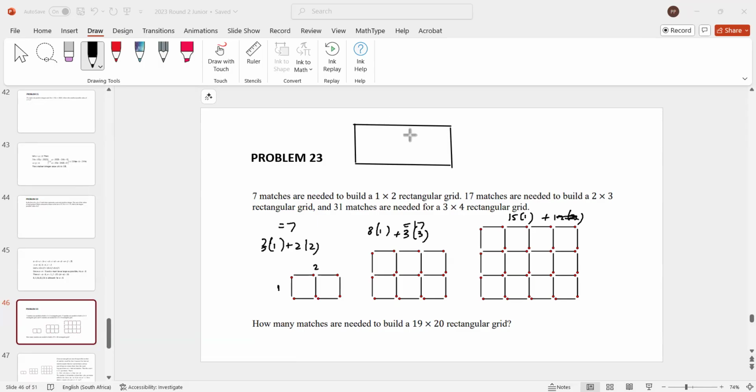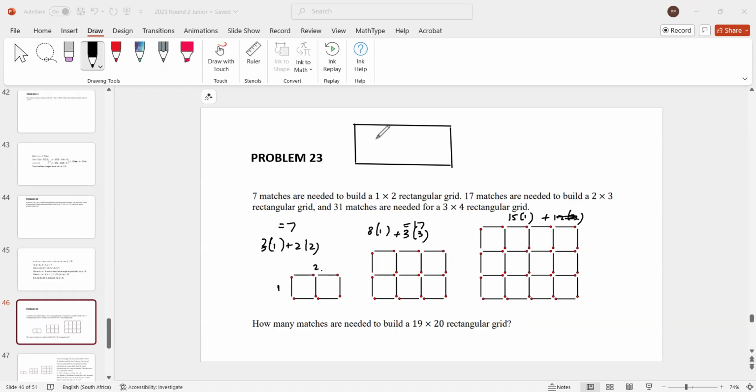So let's see now. You've got 20 squares here. See, when I had 2 squares, I had 2 horizontal ones. When I had 3 squares here, I had 3 horizontal ones.